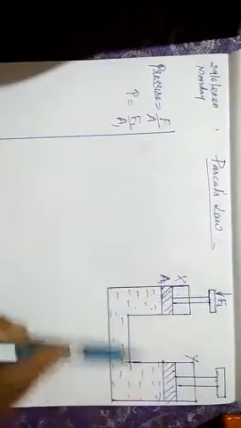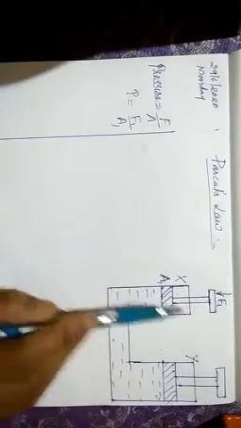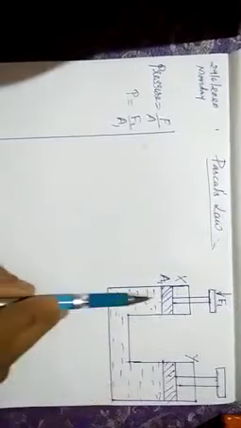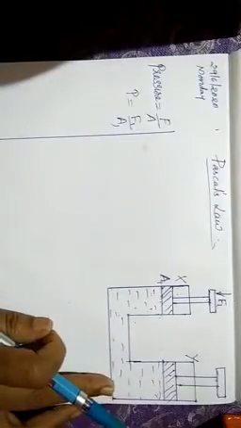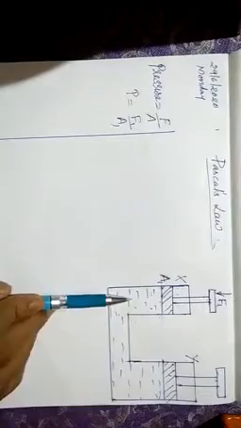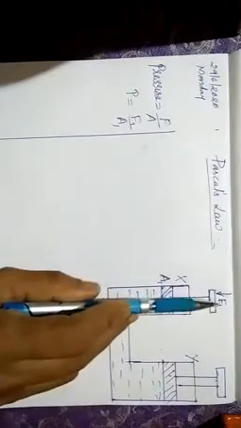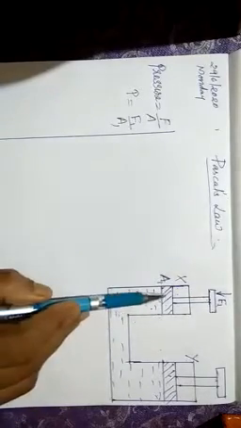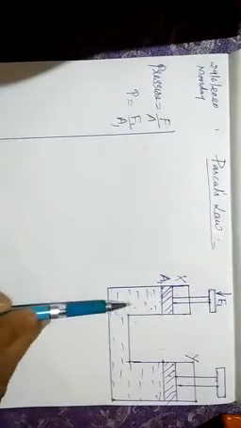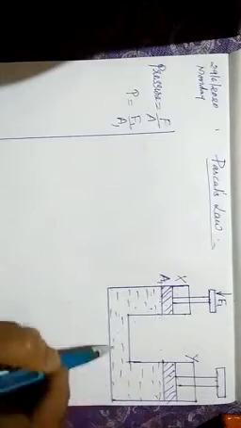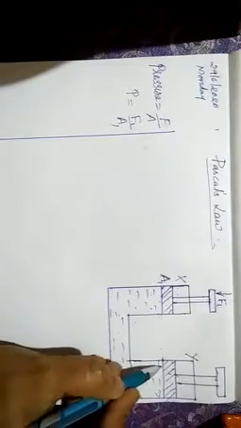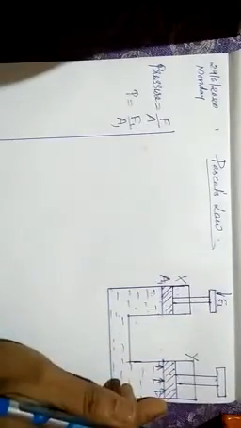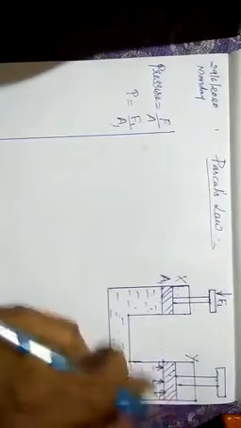The piston and the tube are closed, so it is a closed system, and the liquid is at rest also. So the pressure due to the force F1 acting on the area A1 will be equally distributed throughout the liquid, and the same pressure will be exerted on the other tube.